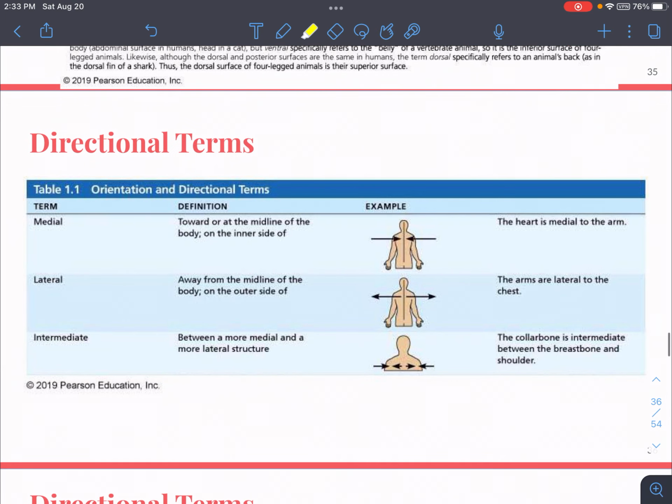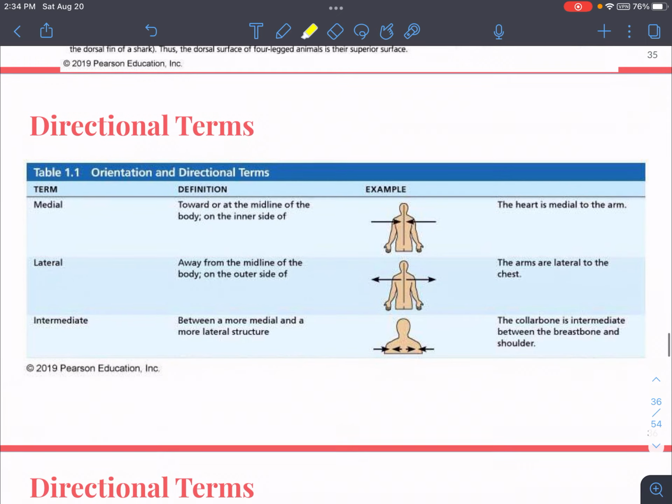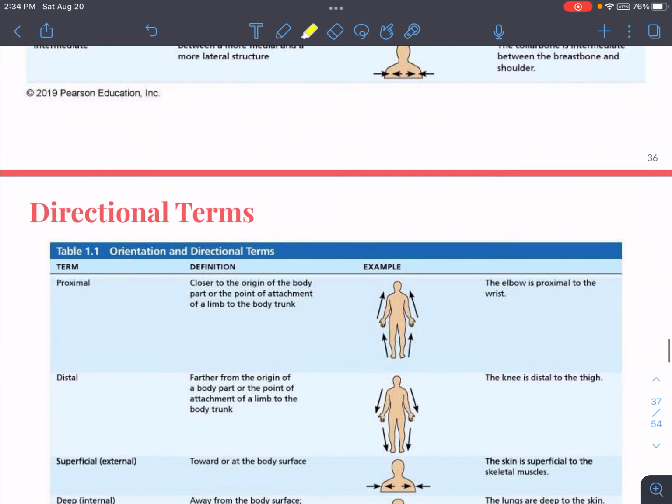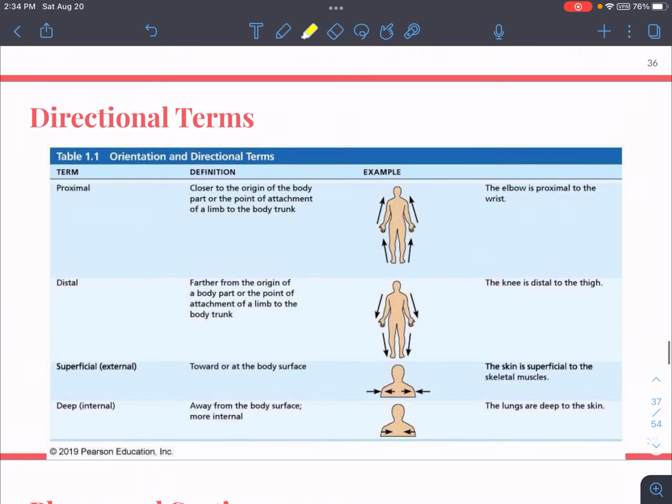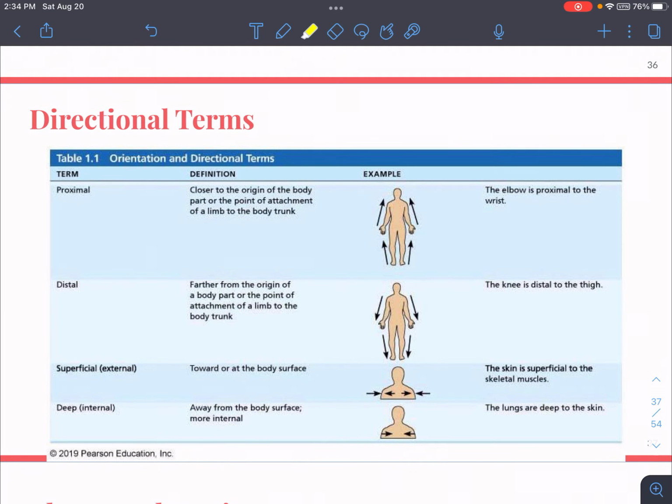We have medial, lateral, intermediate. These are all terms I just talked about. Proximal, distal, superficial, or sometimes external, and deep or internal. These are all charts for you to help learn some of these because these questions will appear on your test. We also have planes and sections.